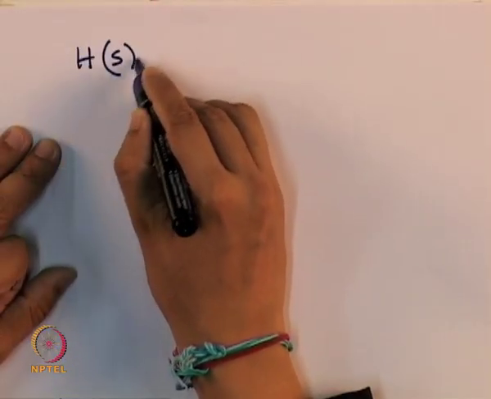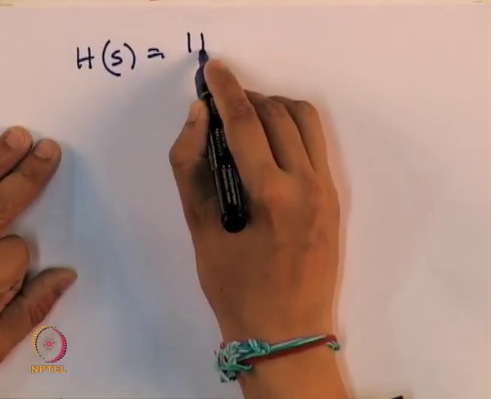Suppose you are given a transfer function or you are given a circuit. What is the easy way to find out these poles and these dominant poles? One popular method is this: suppose you have a transfer function given like this.